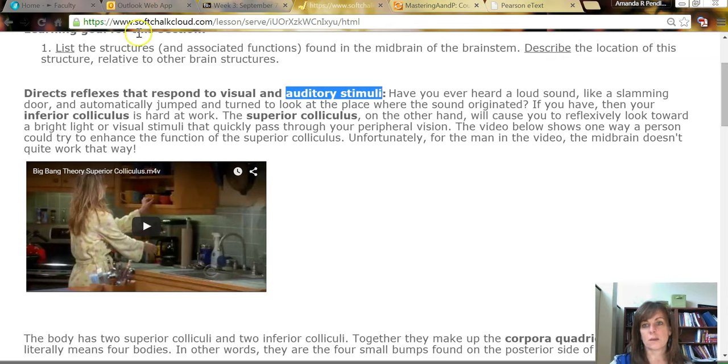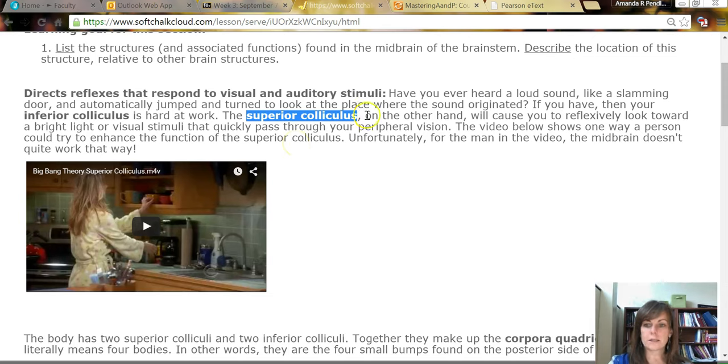The regions that help direct the reflexes: the inferior colliculus is going to be the auditory stimulus, and then the superior colliculus is going to be the visual stimulus, so reflex in response to bright light or something flashing by your vision.